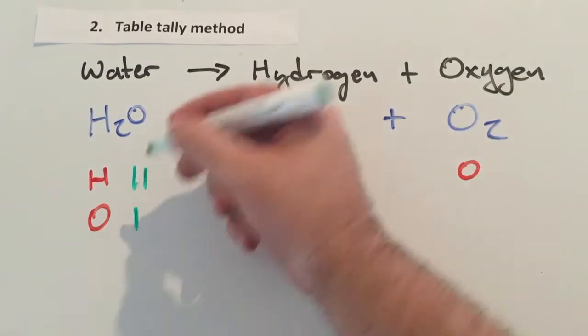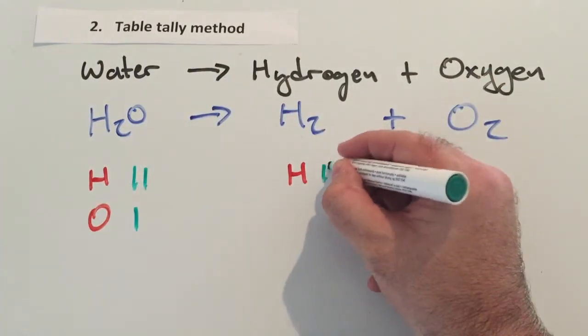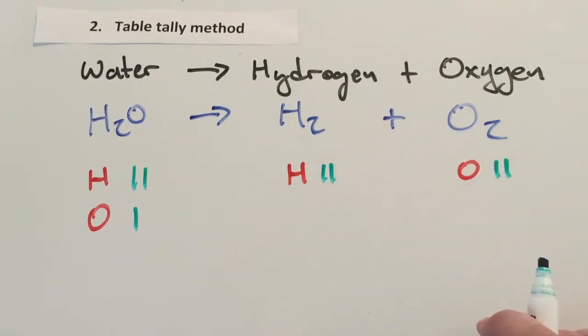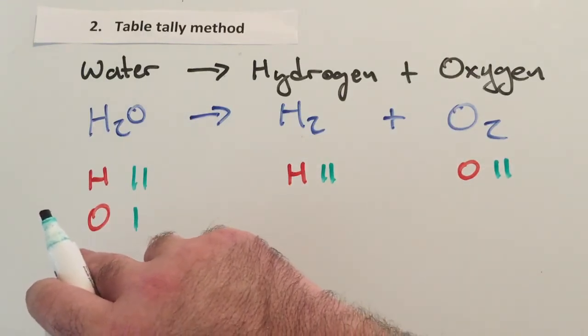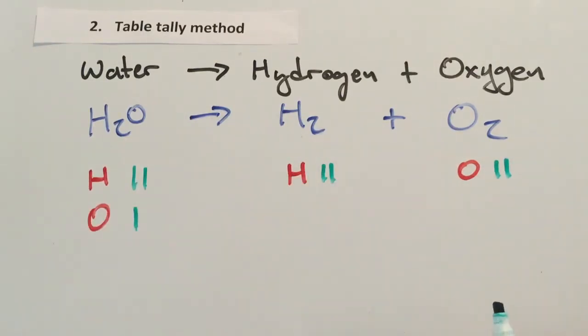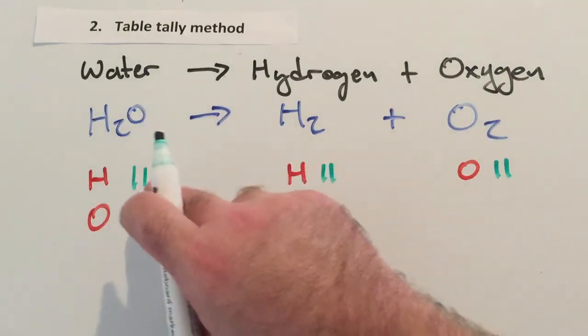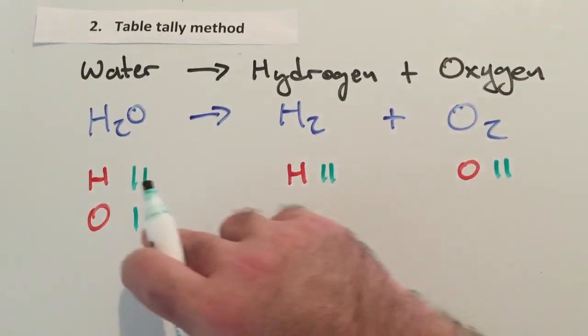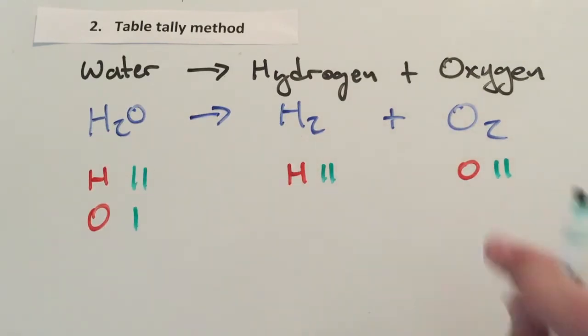And so we have 2 there and 1 there, followed by 2 here and 2 over here. And then the goal, of course, is to make it so we have the same number of atoms on each side of the chemical reaction. So here we have 2 hydrogens, 2 hydrogens. That's okay for now. Here we have 1 oxygen and 2 oxygen atoms over here.